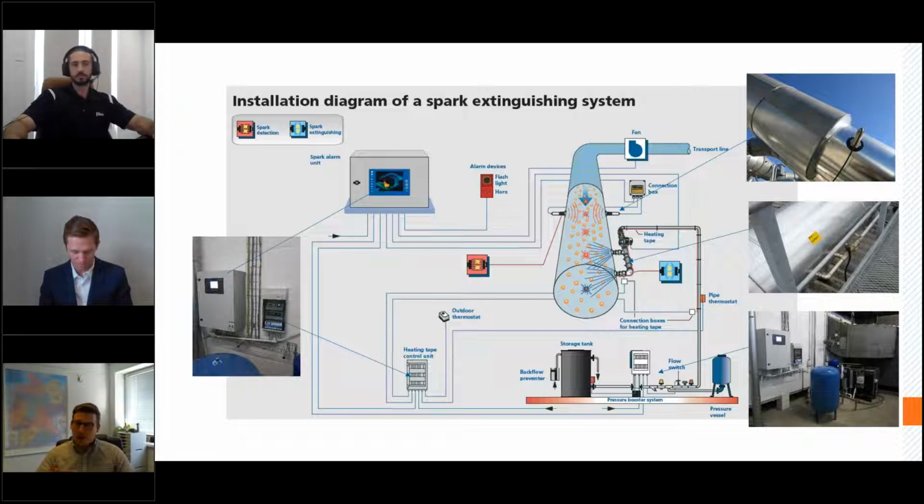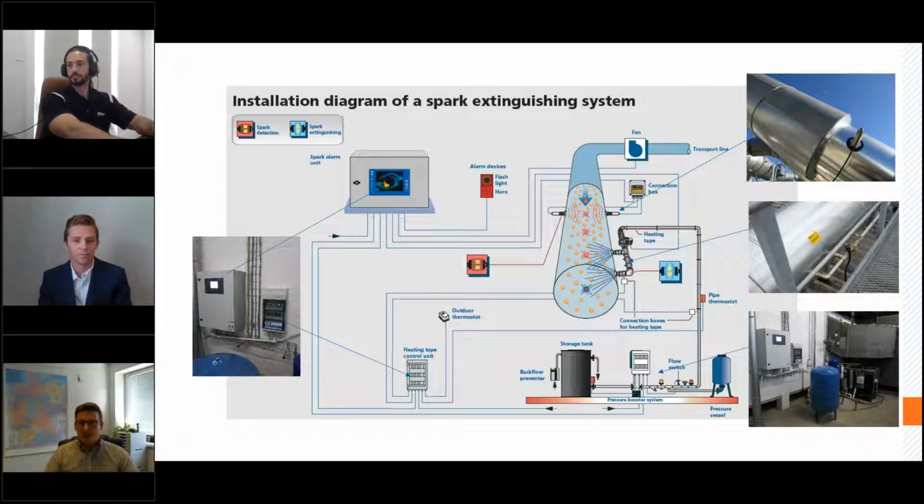They detect the infrared radiation of the ignition particle, and within milliseconds, an automatic extinguisher, which is installed in the suction pipe as well, will extinguish the ignition source with 5 bar. So if a spark or even an ember is detected here at the spark detectors, within 80 milliseconds we will create a water mist into the suction pipe, and the spark will be extinguished.